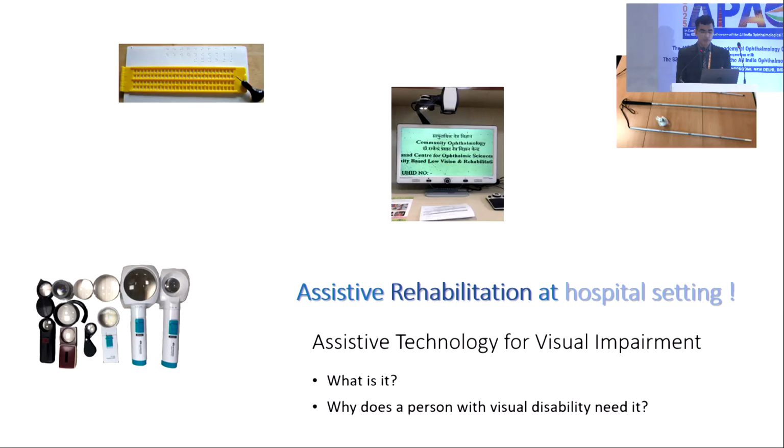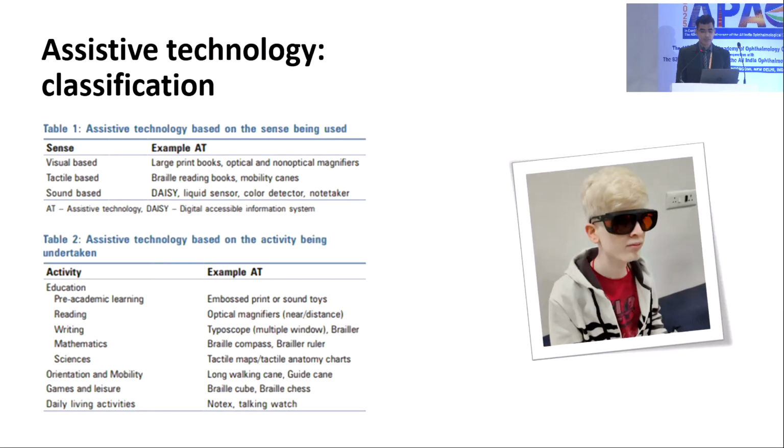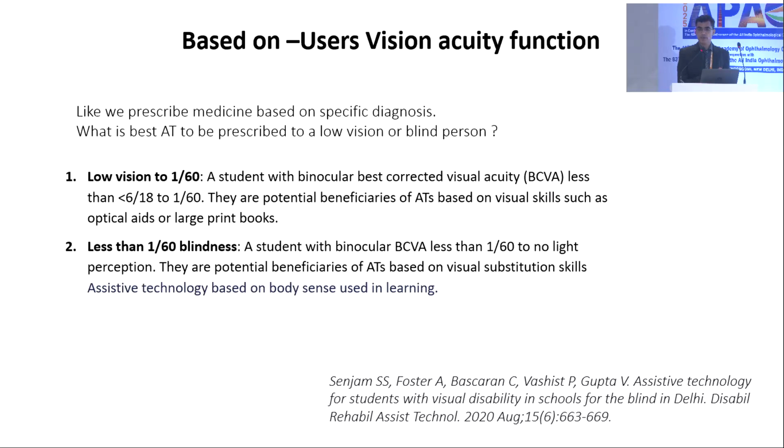Just two more slides about assistive technology: at our center we classify assistive devices based on visual, tactile, and sound-based types, according to a visual acuity cutoff. For example, if a student has binocular best corrected visual acuity of more than 1/60, they are potential beneficiaries of assistive technology based on visual skills, such as optical aids and large print books.